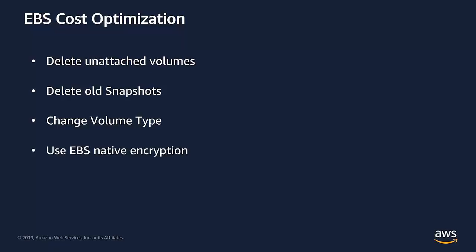Fourth, you can reduce your costs by using EBS native encryption rather than rolling your own. EBS volumes and snapshots can be encrypted at no additional cost using an AWS managed key. For customers that want greater control over their encryption keys, volumes and snapshots can also be encrypted using KMS keys.